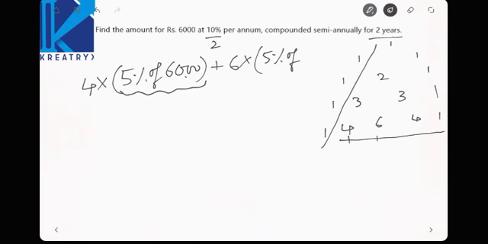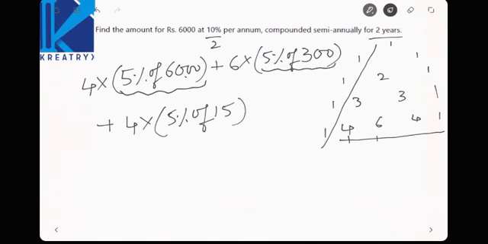You will get 5% of 6,000 is 300, and that 300 must be taken here. Next, plus 4 into 5% of this value must be taken. 5% of 300 is 15, so the 15 value must be taken here.